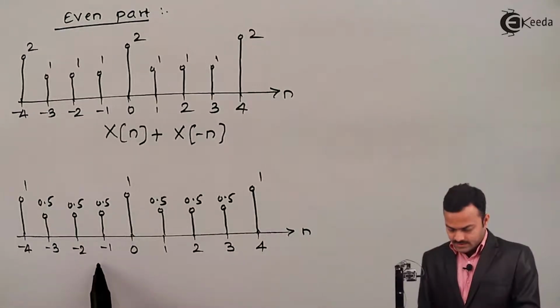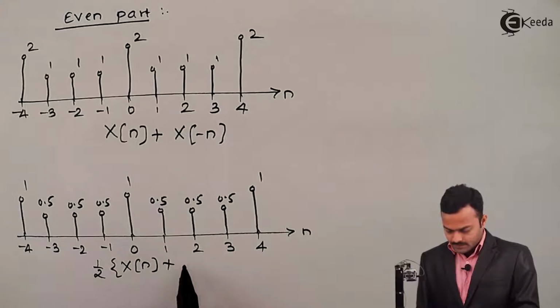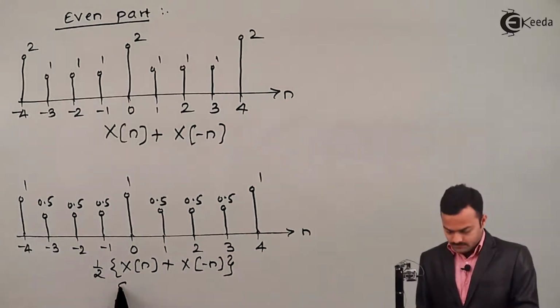So we can say the signal, which is half of x of n plus x of minus n, is the even part.